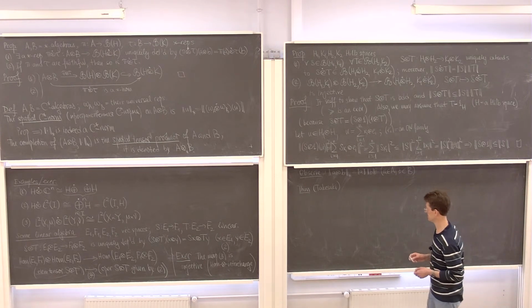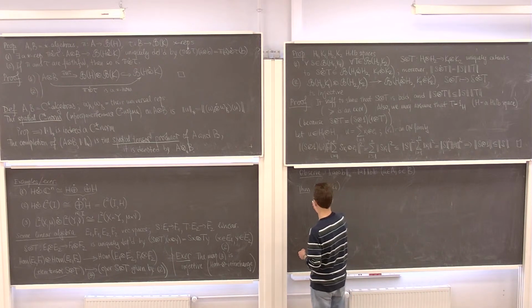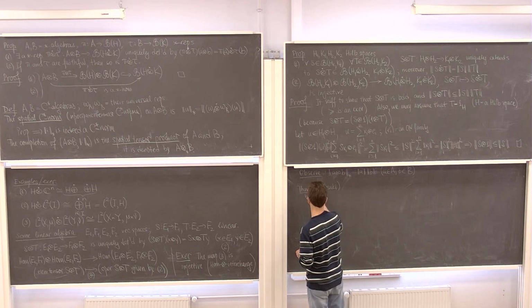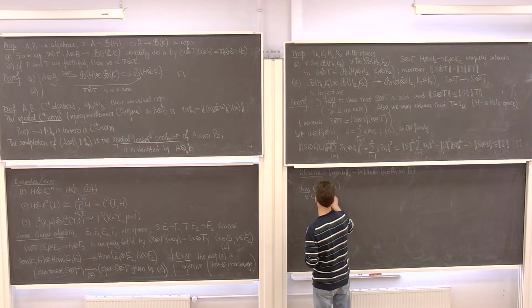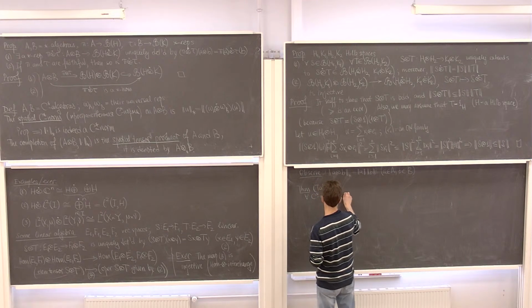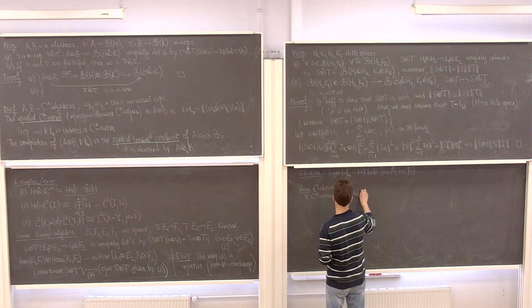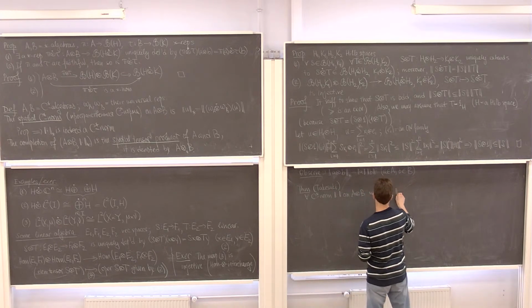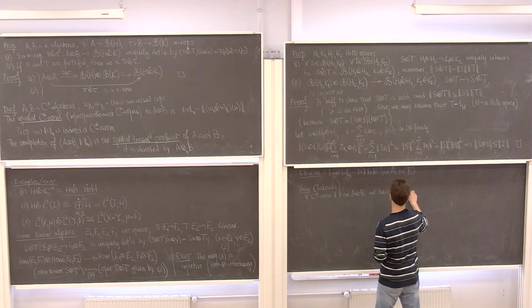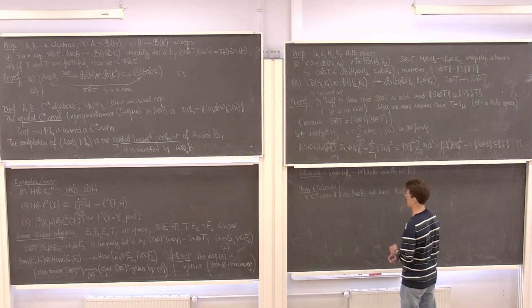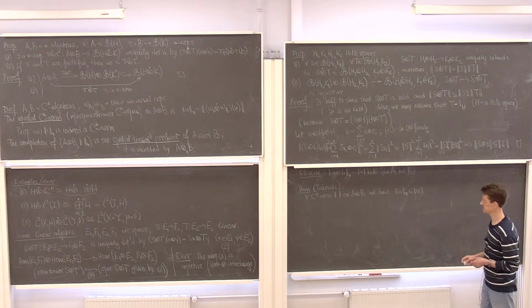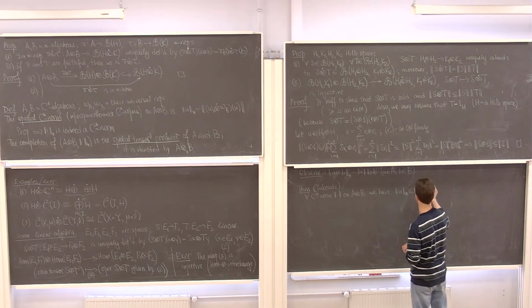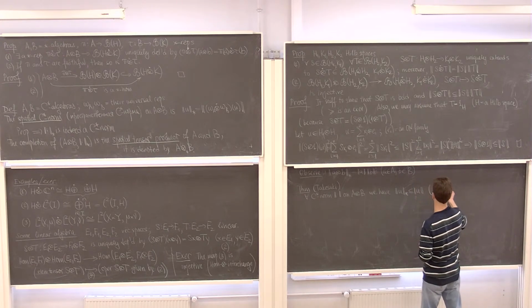But nevertheless, let me give you a statement. For every abstract C-star norm on A tensor B, we have the following inequality. In other words, the spatial C-star norm is the minimal C-star norm on the tensor product.